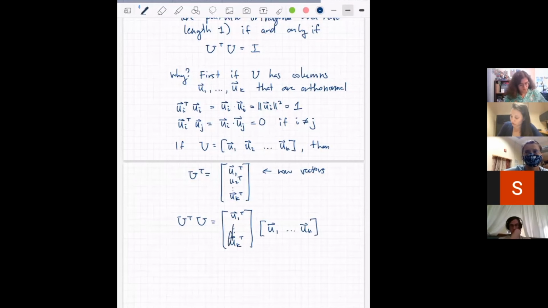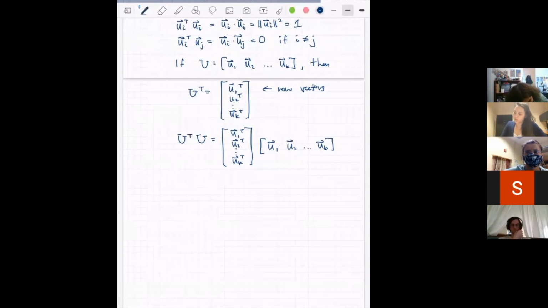Maybe I'll include one more actually, sorry. Okay. U2 up to UK, U1, U2 up to UK. Okay, so we should be able to see what happens here. When we do this multiplication, remember this is a row vector, so let me circle this one, and we're multiplying by this column vector, right?